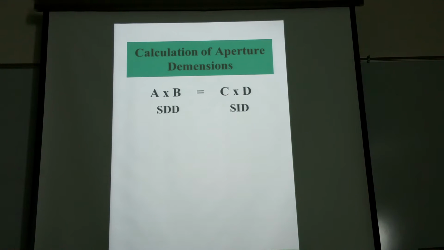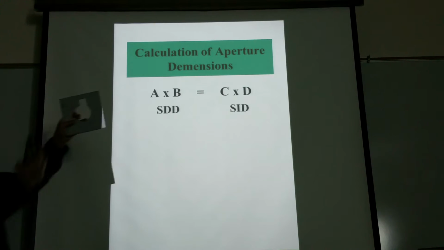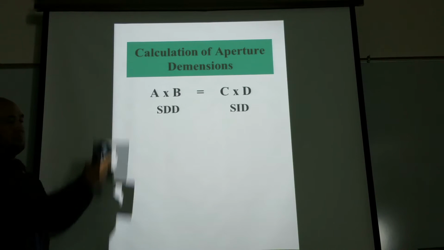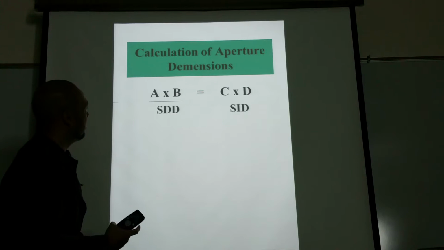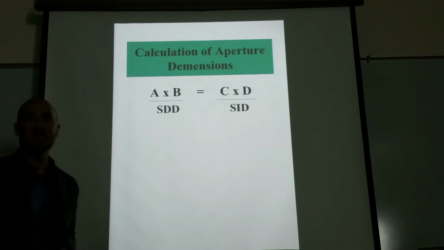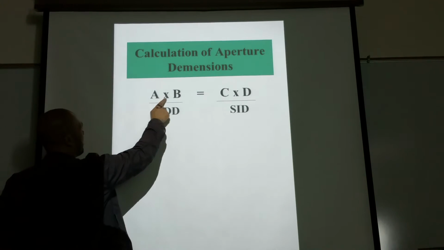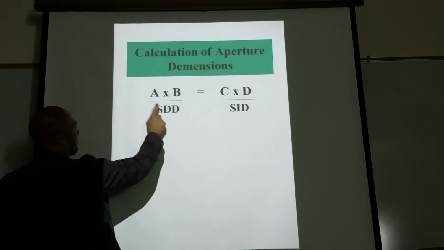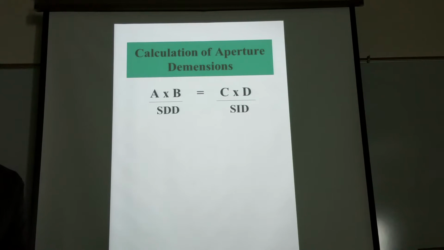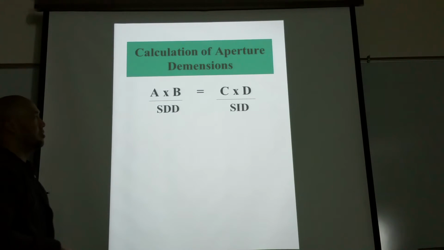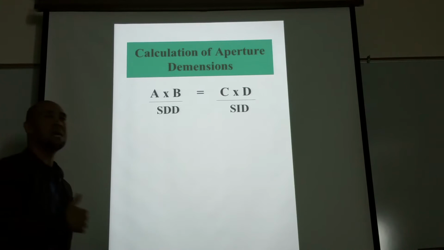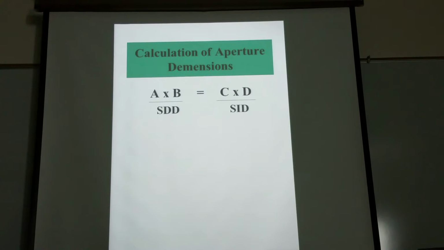Bear with me. So calculation of the aperture dimension: x doesn't mean times, it means by, because we're talking about dimensions here. So we're talking about length and width. A by B over source to diaphragm distance is equal to the dimensions C by D over source to image distance.